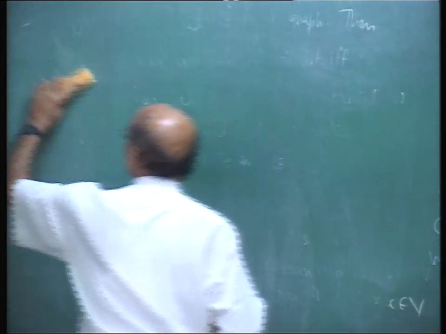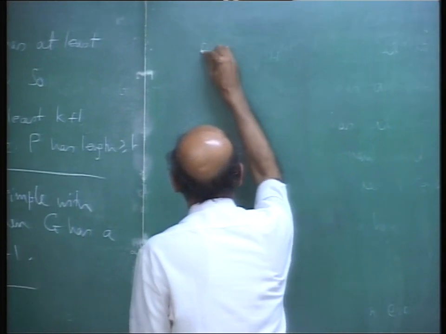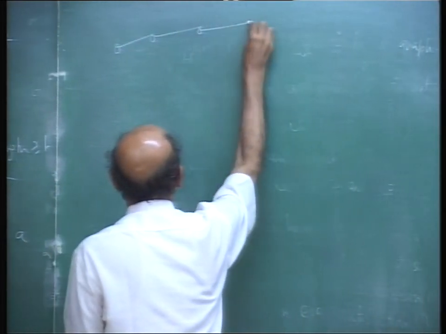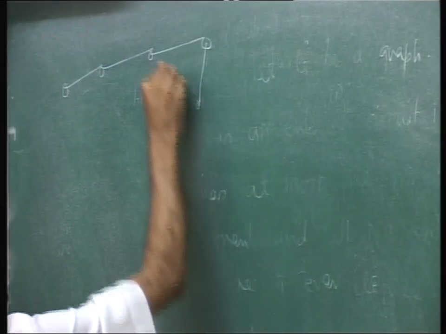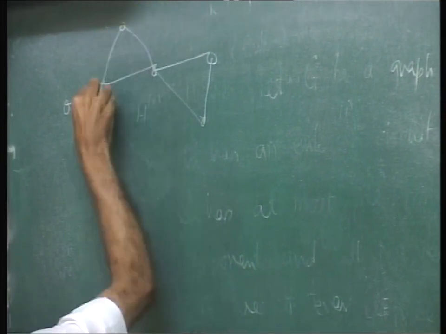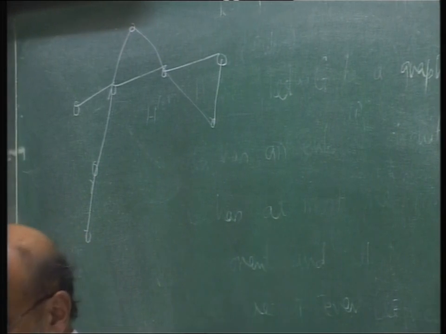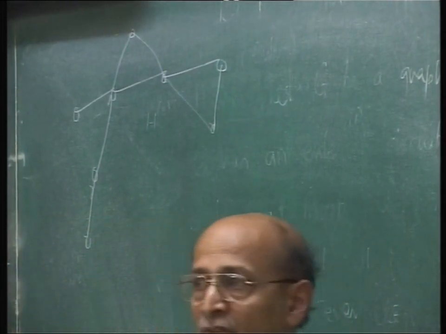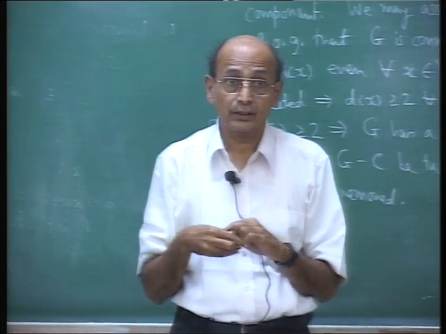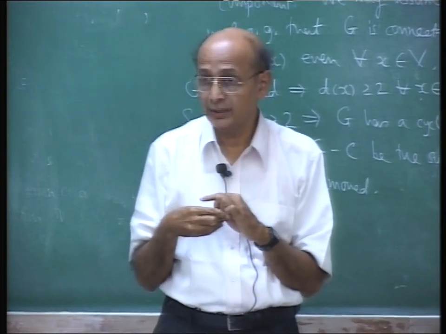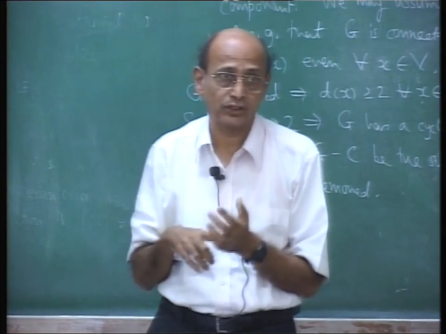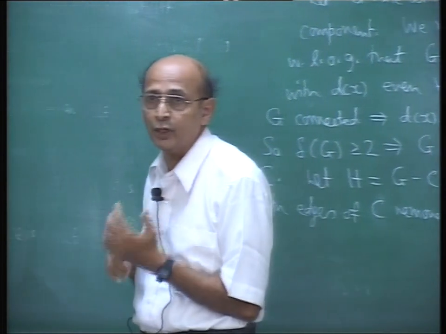Just as one talks of the longest path, one can talk of the longest possible trail. The point I am making is there are two types of trails in a graph. A trail by definition does not repeat an edge. It can repeat a vertex but cannot repeat an edge.